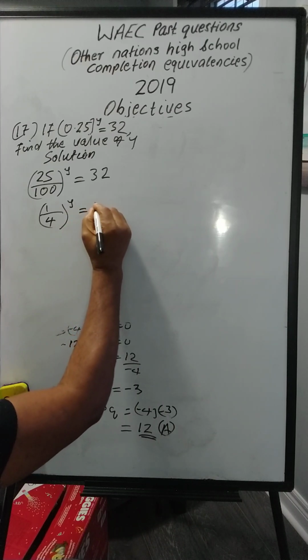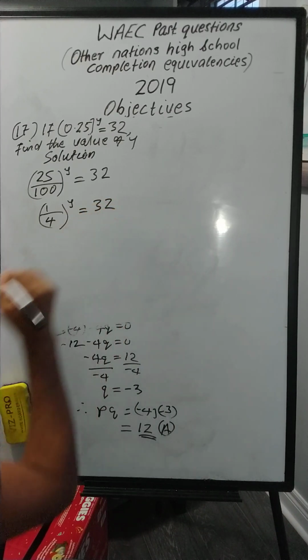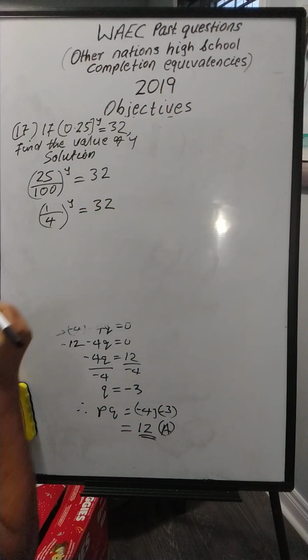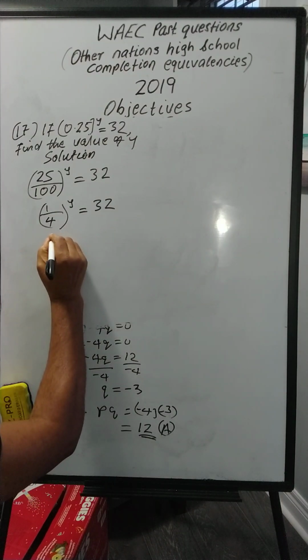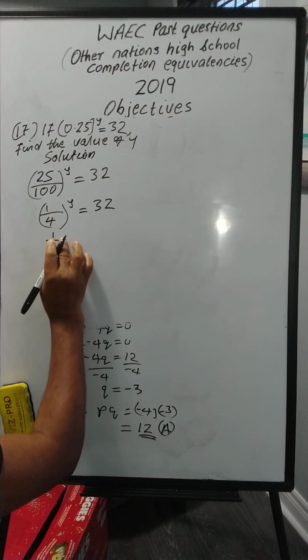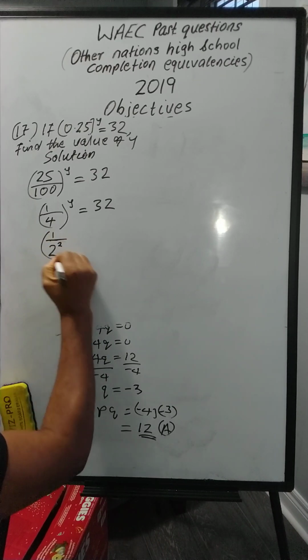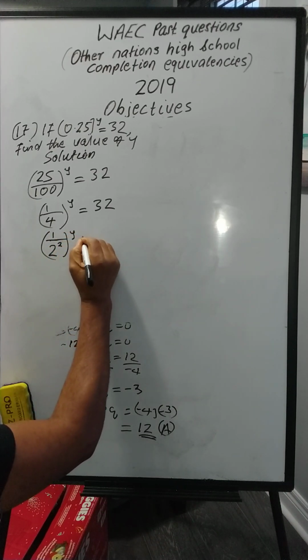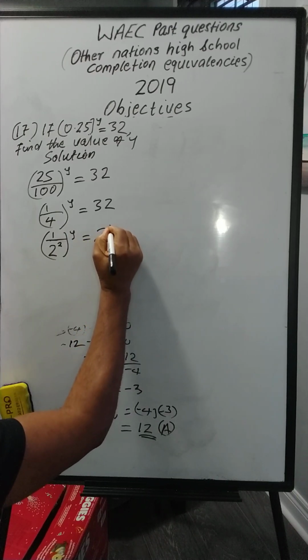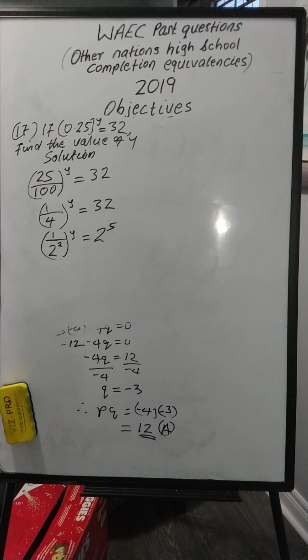This is equal to 32. But you know that this 1 over 4 can be expressed as 1 over 2 raised to power 2, all raised to power y, and 32 will give us 2 raised to power 5.